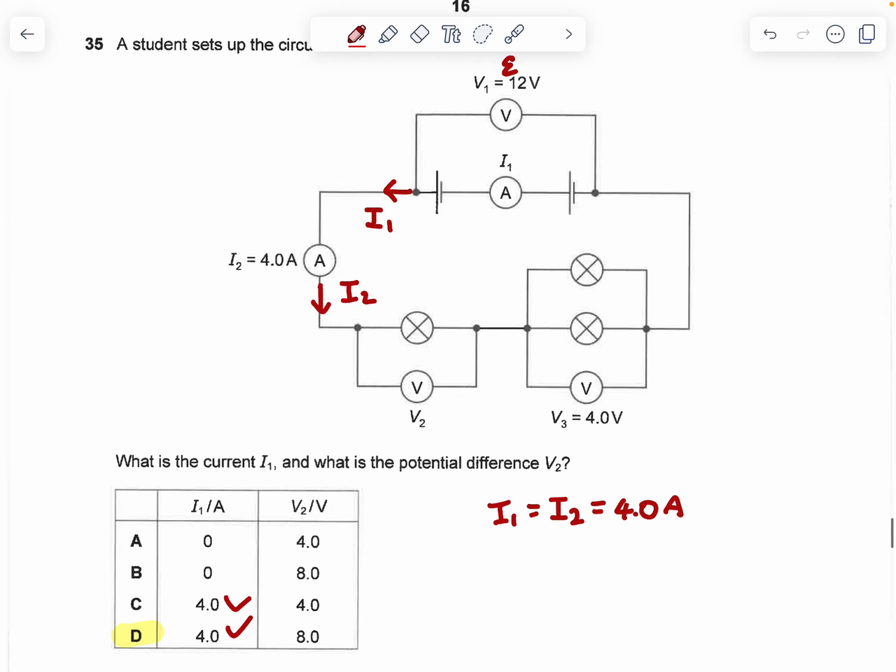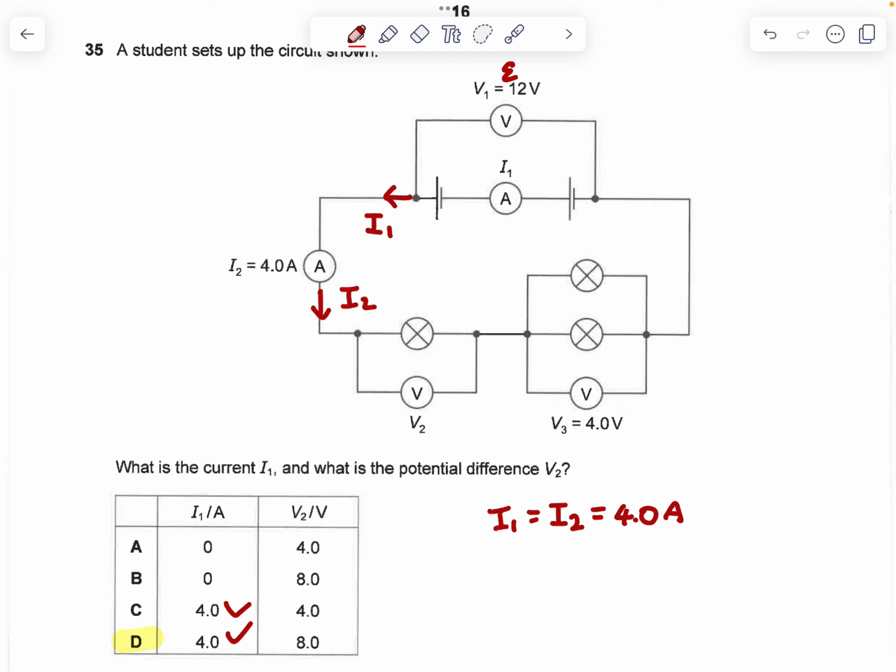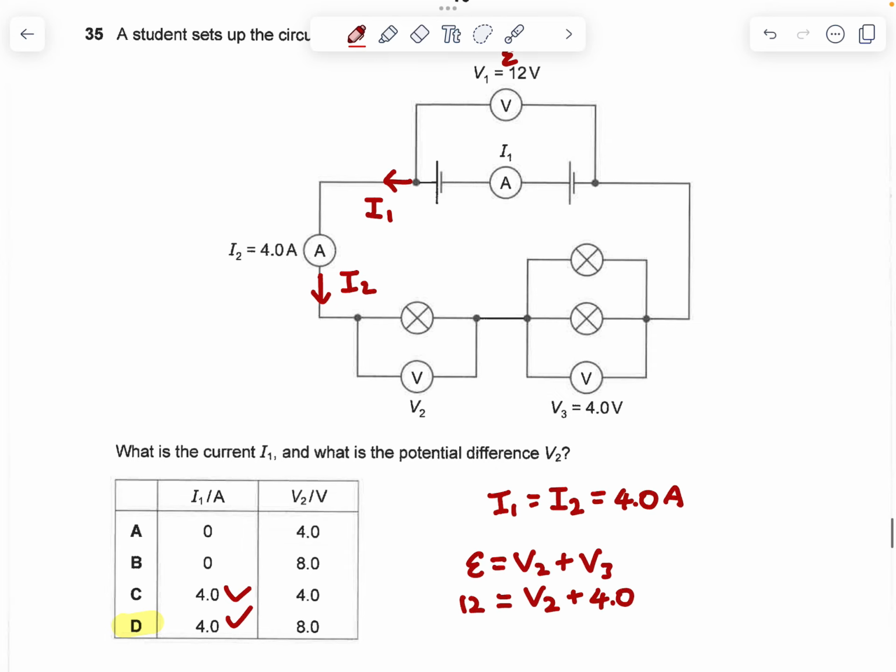Next, V2 and V3 are in series, so the EMF should equal V2 plus V3. EMF was given as 12 volts. We're trying to find V2. V3 is given as 4.0 volts. So V2 equals 8.0 volt. Done.